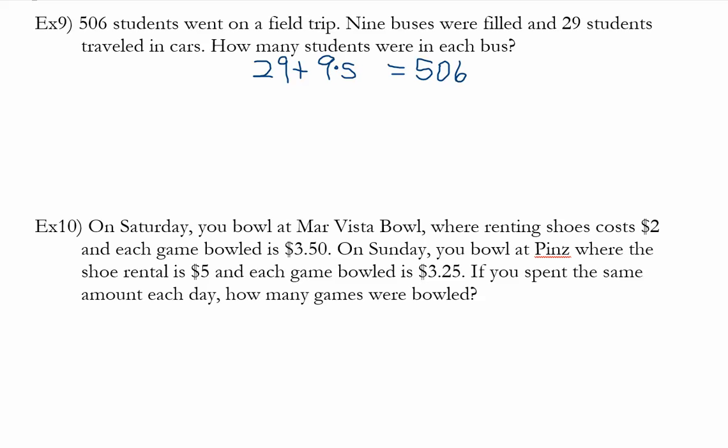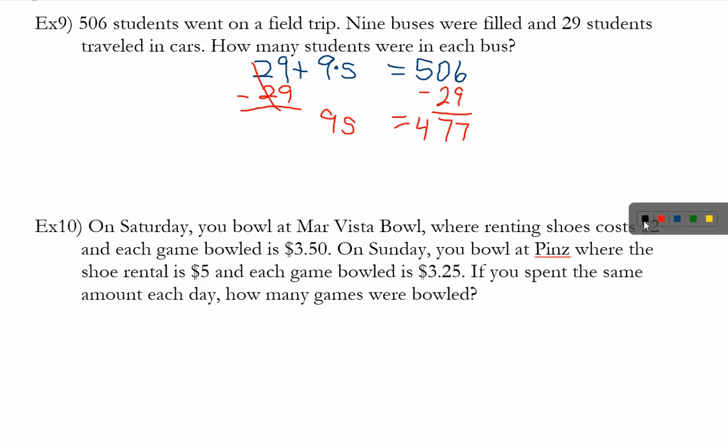To start, we need to do the inverse operation of the 29, so we're going to subtract 29 from both sides. We are left with 9s, I'm trying not to make that look like a 5, equals 477. Our final step is dividing by 9 on both sides, and we are left with s equals 53.